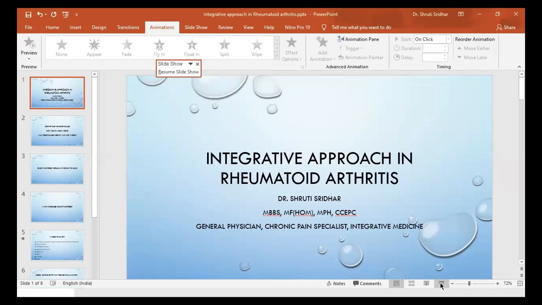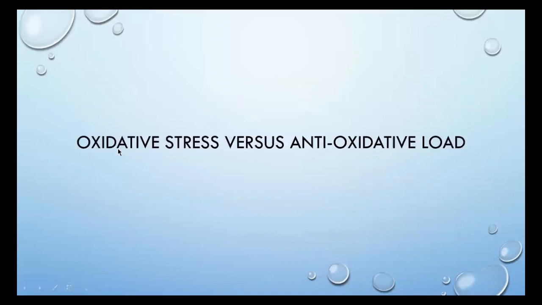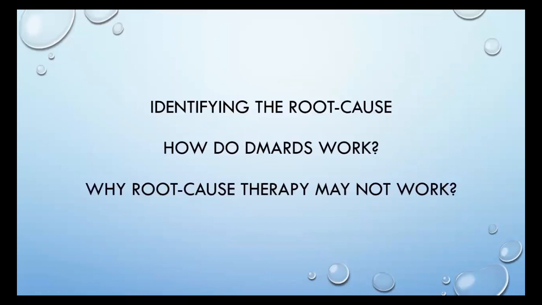So this is how the DMARDs, or the disease modifying drugs, work. But we will also see that root cause therapy may not always work. If you look into alternative approaches or functional medicine approaches, they all talk about identifying the root cause of RA, and if you work on the root cause of RA, the RA will get reversed.